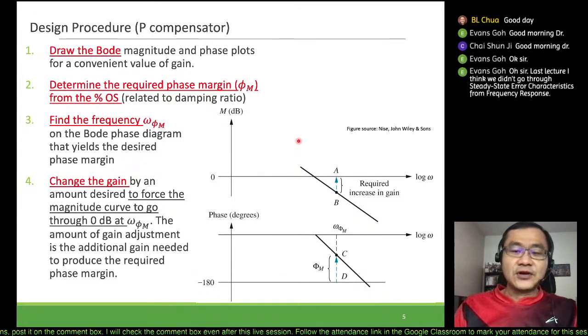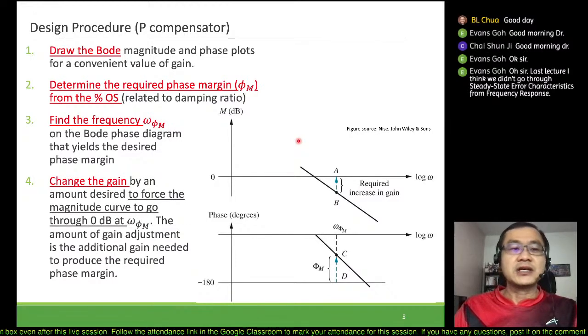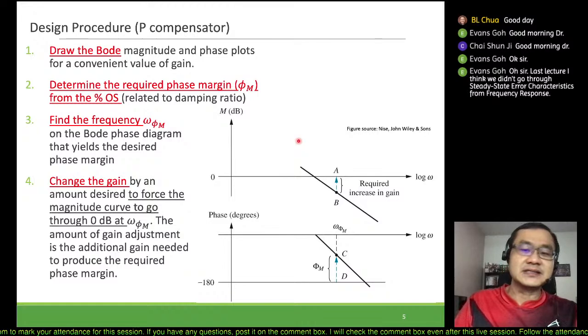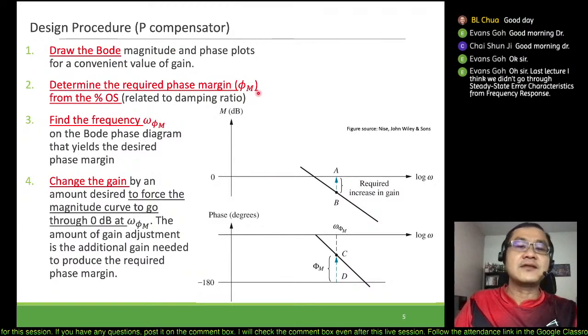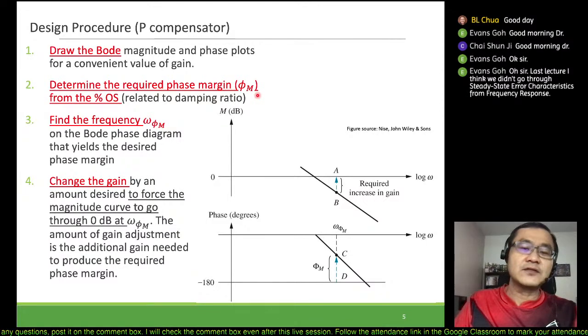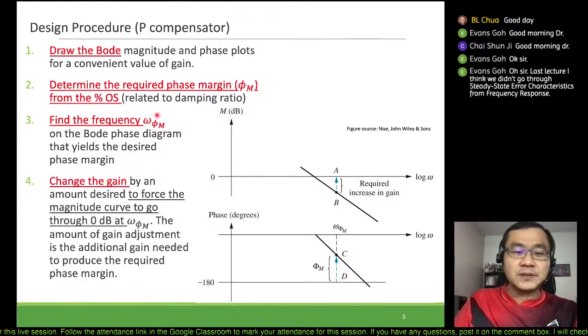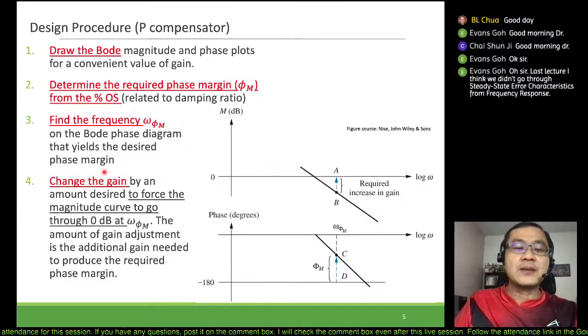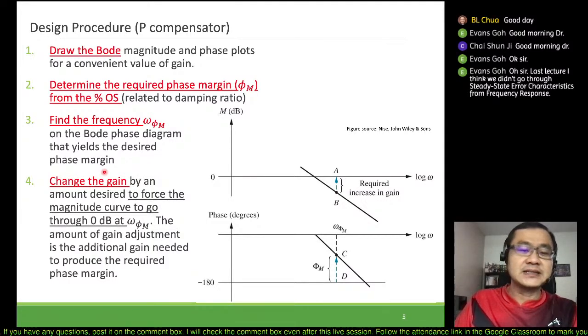As we saw in the previous lecture as well, we can design the compensator, or the gain adjustment itself, by drawing the Bode plot. Then based on the relationship between the phase margin and the damping ratio, we figure out the suitable frequency that gives us the desired phase margin, and from there we adjust the gain accordingly.